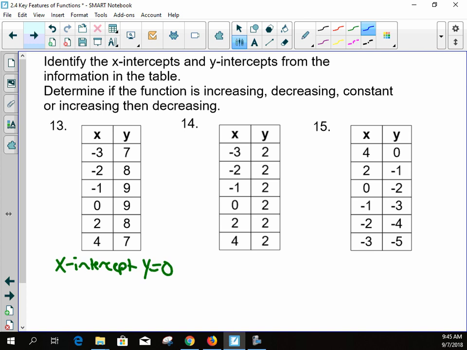When you get back to Algebra 2, you're definitely going to need to know that. Your y-intercept. Okay, so my x-intercept, y equals 0. So my y-intercept, what do you think equals 0? Yeah, your x equals 0.